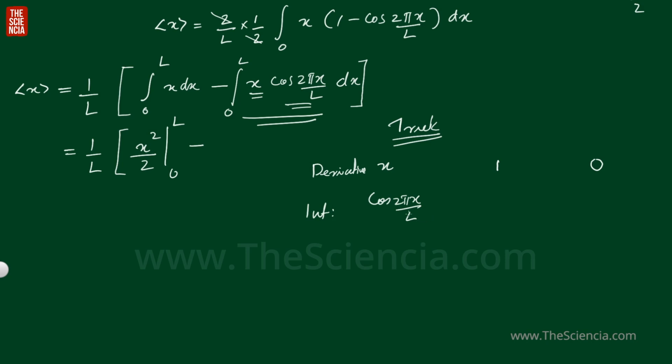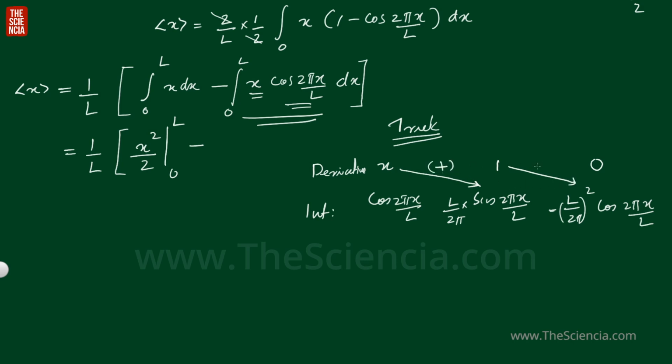So what do we get? First the integral of this one, we will get sine 2 pi x by L into L by 2 pi. Okay, and again integrate this function. So we get L by 2 pi whole square, with a minus sign, and cos 2 pi x by L. Now I am going to multiply these two terms and these two terms. When multiplying, I take this term as positive and I multiply this term with a negative sign.